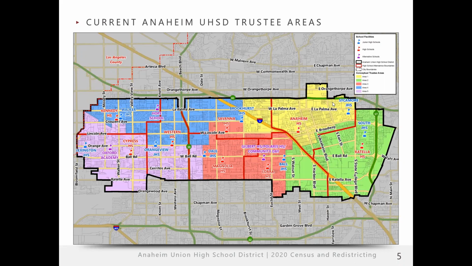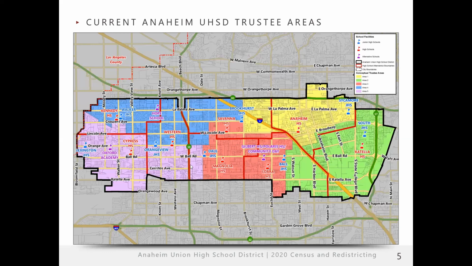Starting in the northeastern portion of the district, trustee area 1 is in yellow, and then working in a clockwise fashion, in green is trustee area 2. In the red color is trustee area 3. Moving northwest from there is trustee area 4 in blue. And finally, trustee area 5 is in the pink or purple color.